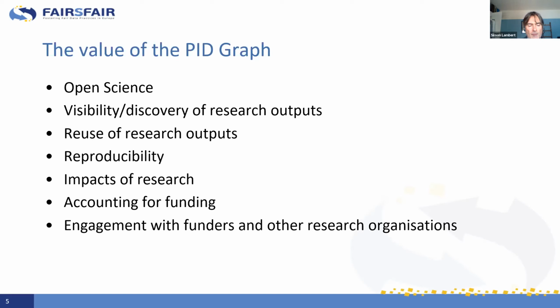It enables a clearer assessment of the impacts of research, for example, the publications or the data sets or the software that has resulted from particular research grants, and thereby helps to account for funding. And enhances the engagement with funders and other research organizations. And I'm sure these are all things that repositories are very much concerned with. And this is the kind of thing that the PID graph can enable.